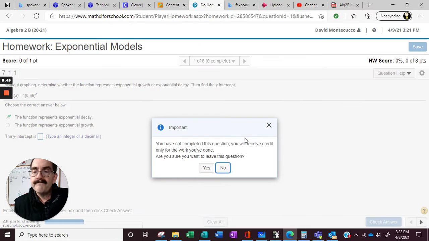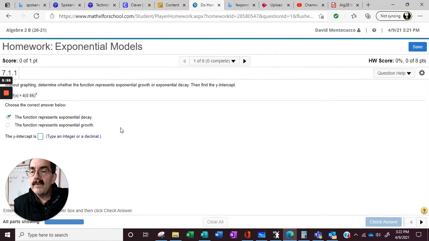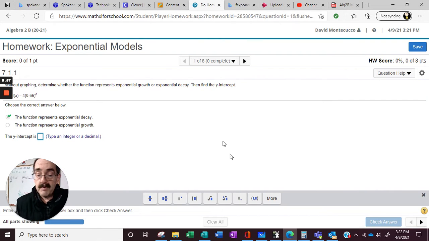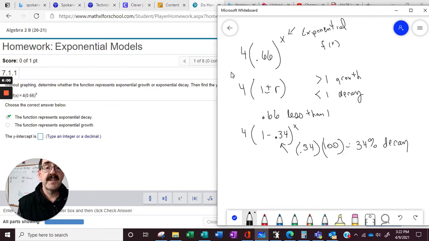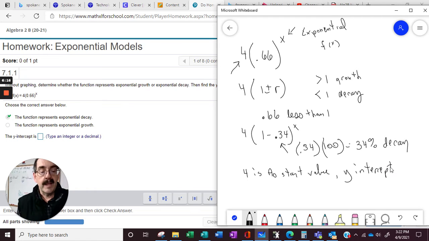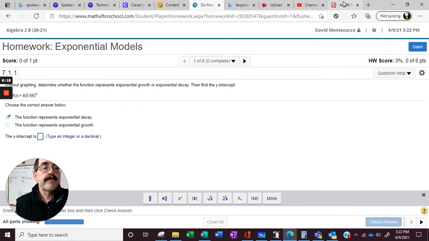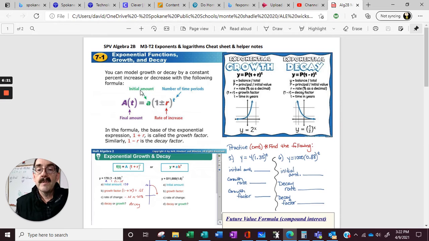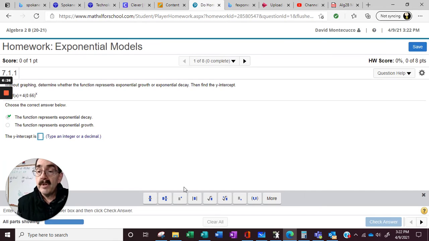Let's go to the last problem. The y-intercept represents the start value. So in this case, 4 is our start value, and our start value is known as the y-intercept. Again, on our cheat sheet, start value, initial value is A. So let's put in a 4 here.